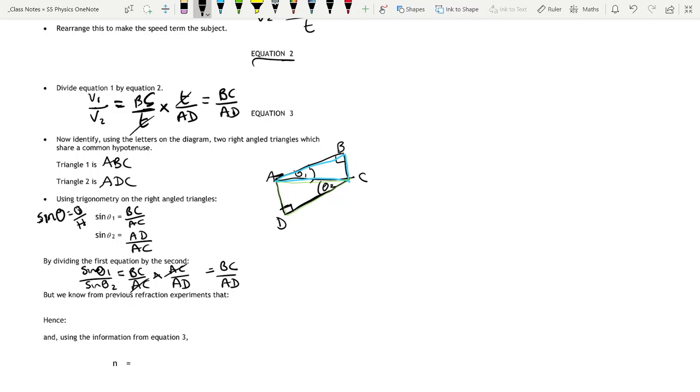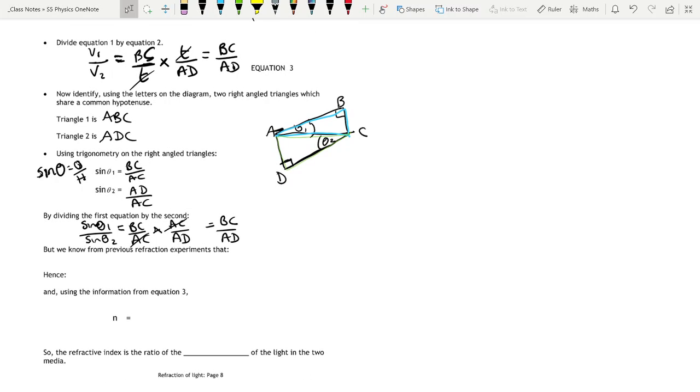We also know from previous refraction experiments that N2 over N1 is sine theta 1 over sine theta 2. So hence, N2 over N1 is BC over AD, because it's sine theta 1 over sine theta 2.